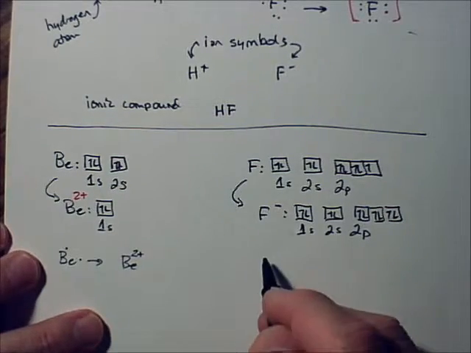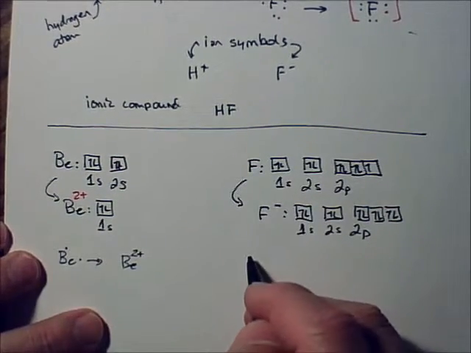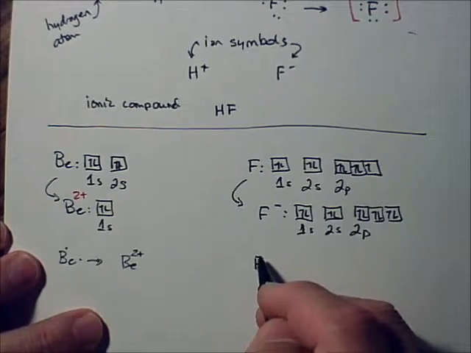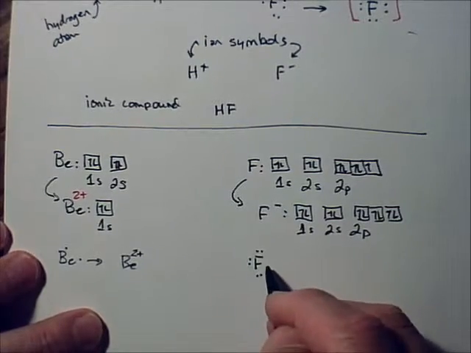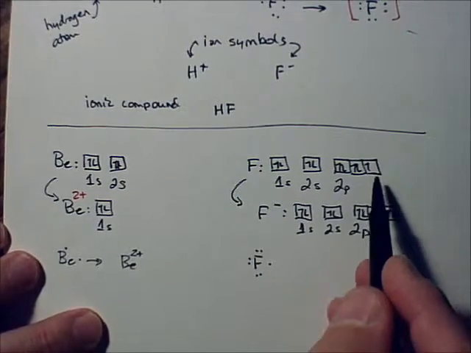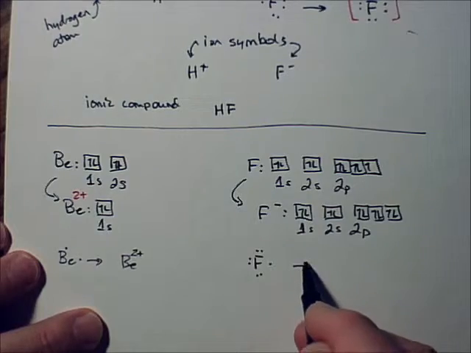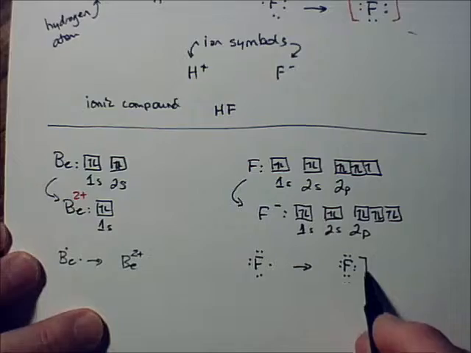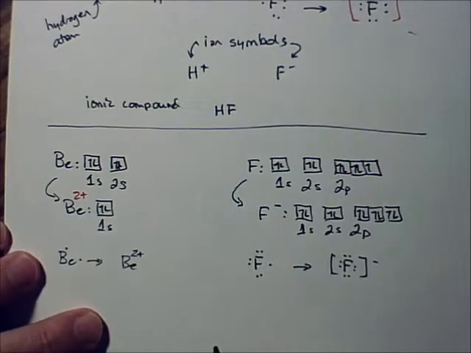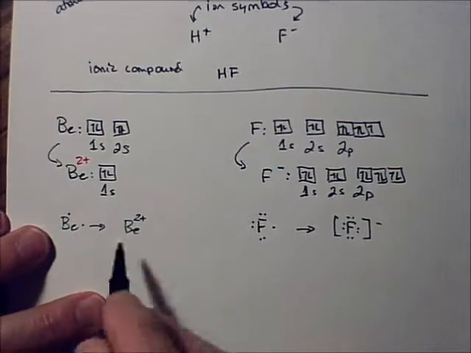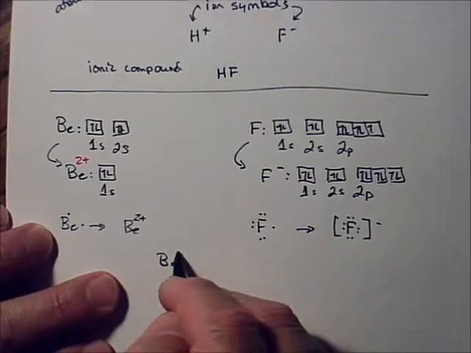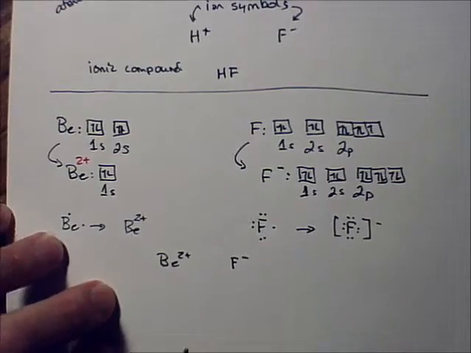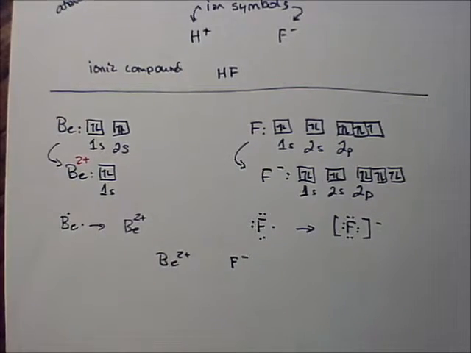To ionize it, in terms of using electron dots, I want to have one lone electron, but I want to add an electron to it to get the fluorine ion. And we end up with a fluorine with a negative charge. Now the ion symbols: Be2 plus, and F negative.